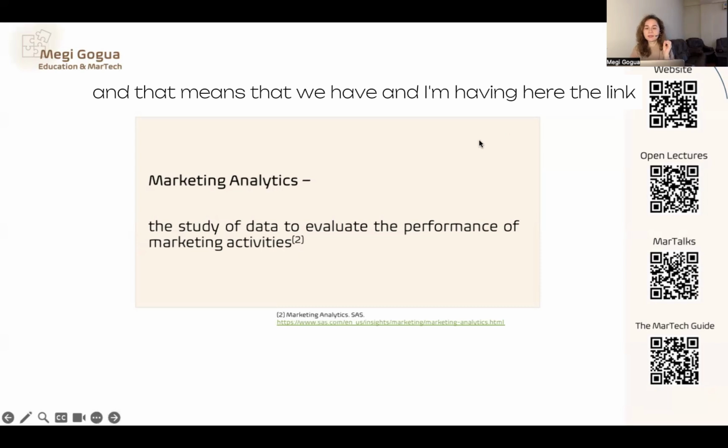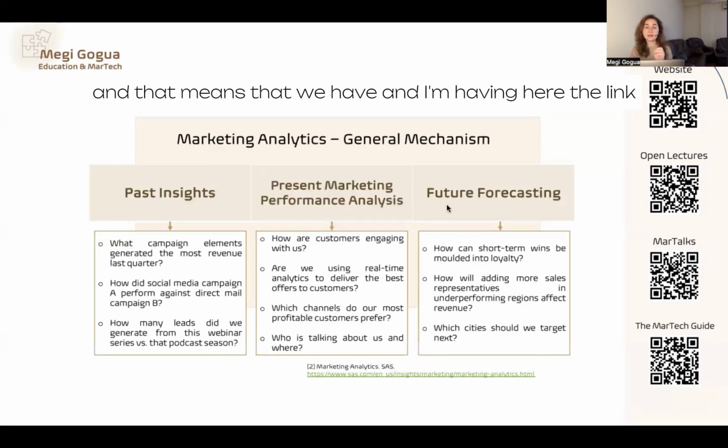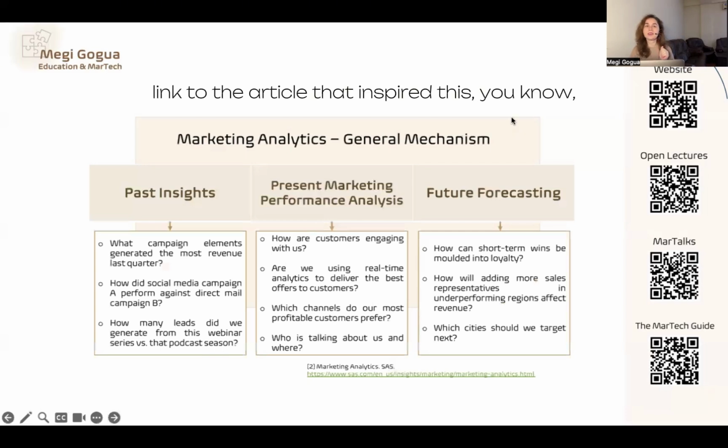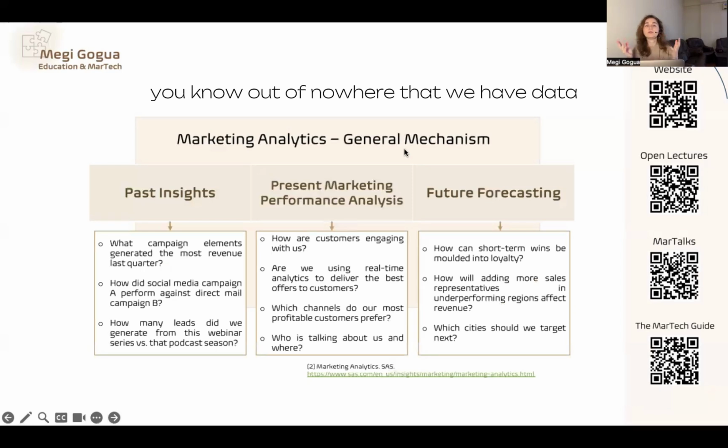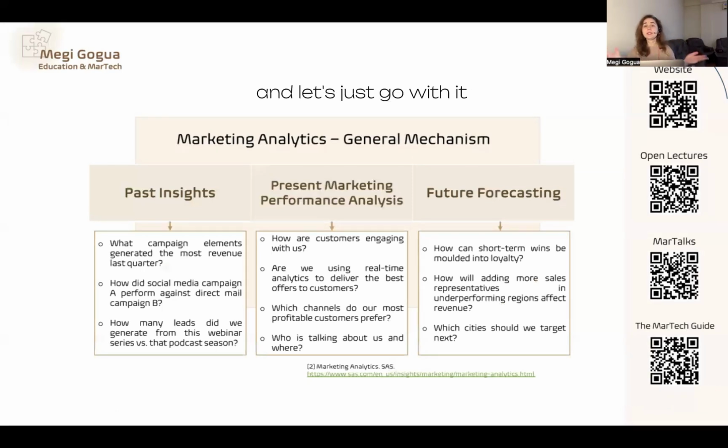And that means that we have, and I'm having here the link to the article that inspired this, a breakdown of this general mechanism of marketing analytics. It doesn't really come out of nowhere that we have data and let's just go with it.